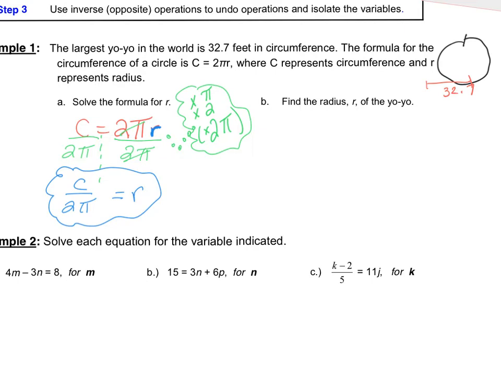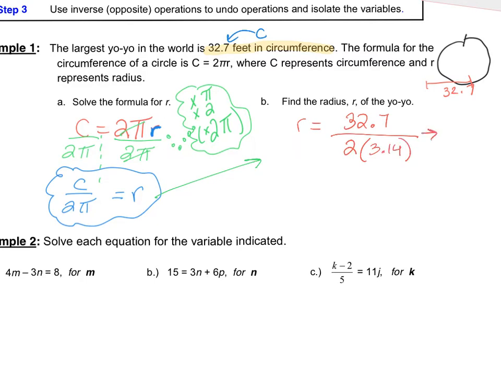Well, they told me that the circumference, which is the C, is 32.7. They want to know what is r. So if the circumference is 2 pi r, is the formula, and I just solved for r right here, I know that the radius is the circumference, which is 32.7, divided by 2 pi, where pi is about 3.14.